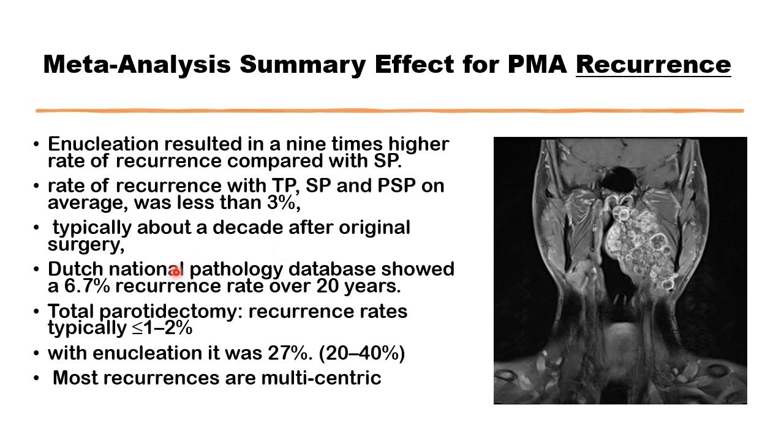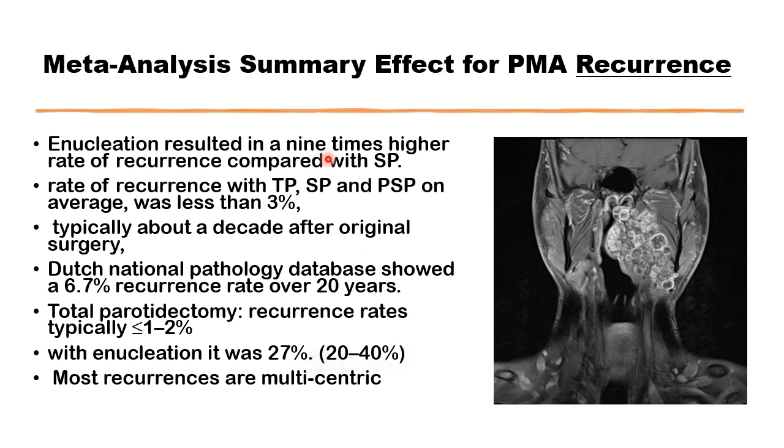However, a Dutch national pathology database showed that the average recurrence rate after 20 years could be much higher at around 6.7%. Total parotidectomy, removing the superficial and the deep lobes, would have the lowest recurrence rate, less than 1 to 2%, compared with enucleation, which is around 27% recurrence rate, somewhere between 20 and 40%.